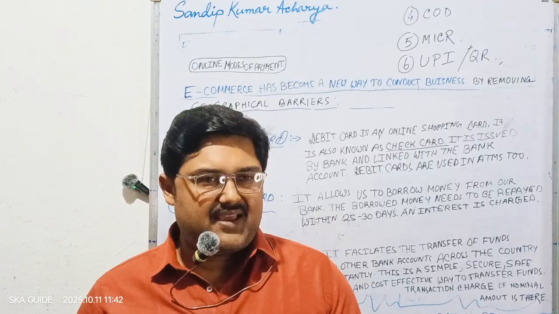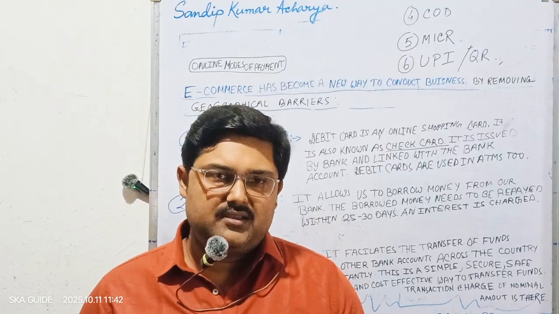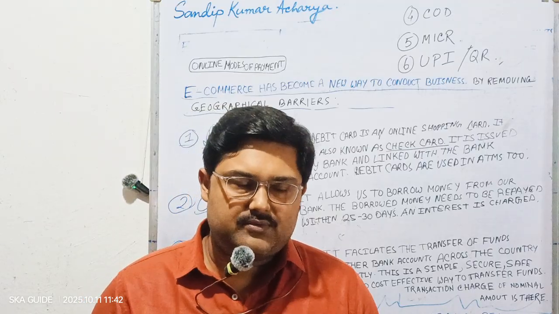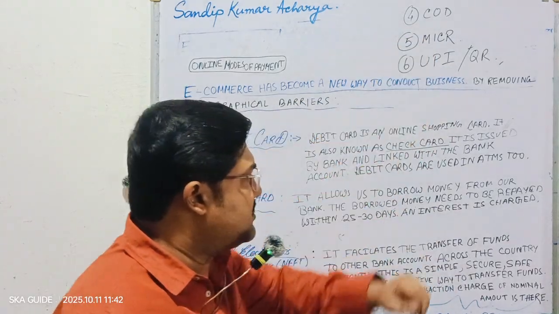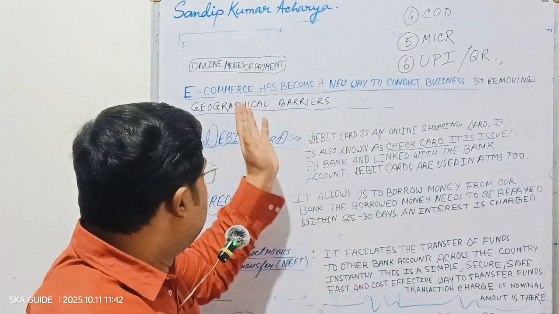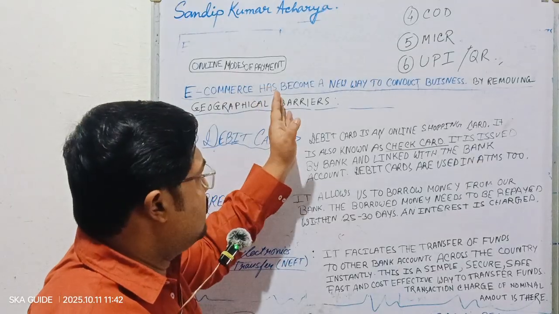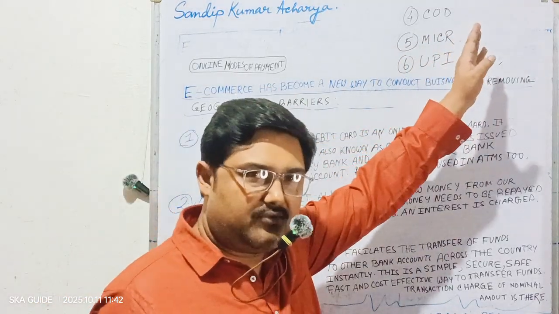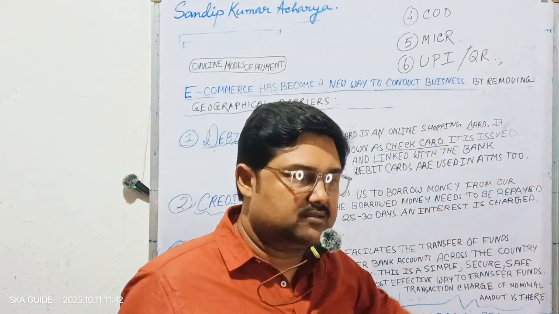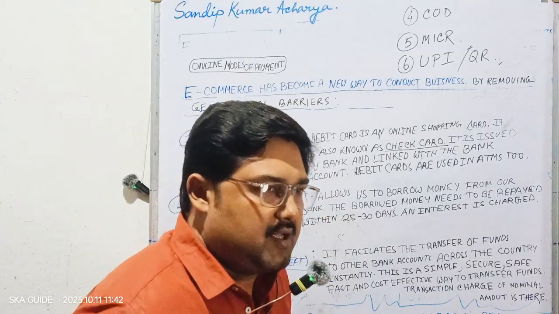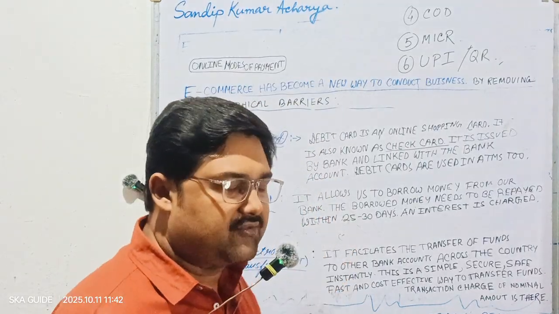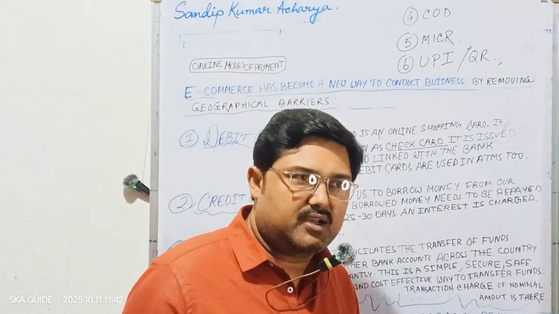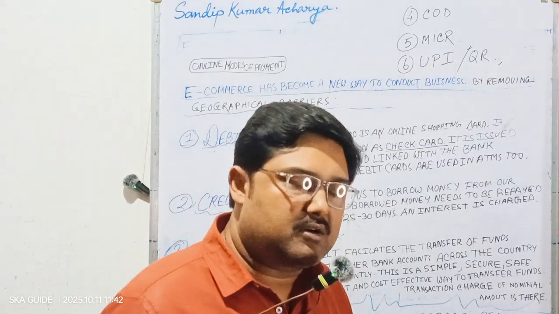Maybe by cash, or maybe by using UPI or other kinds of transaction systems. So it is cash on delivery, which is not actually an online payment mode. You may think of it as an offline payment mode, but you may also use an online payment mode in COD, because after the delivery of the product you can pay by UPI or QR code.